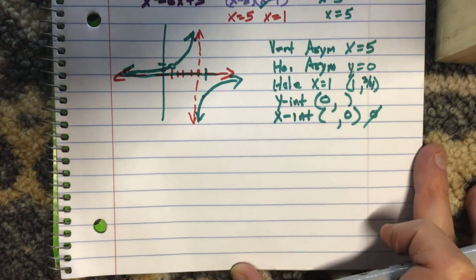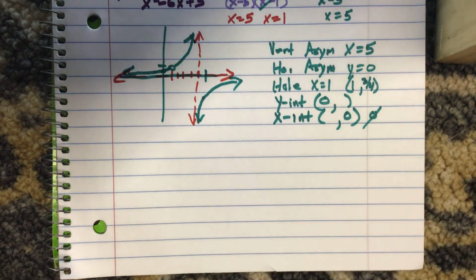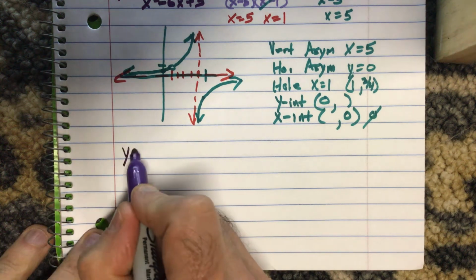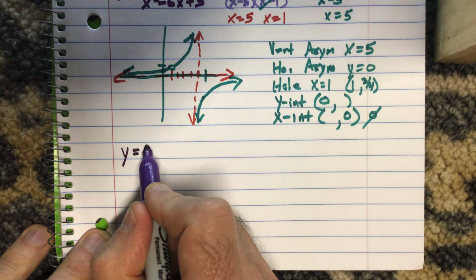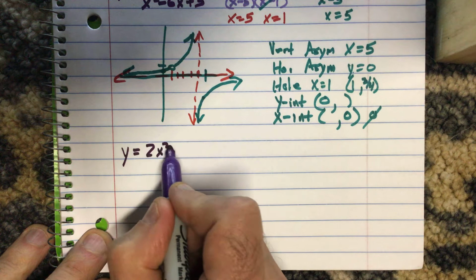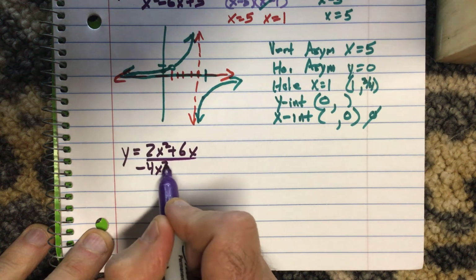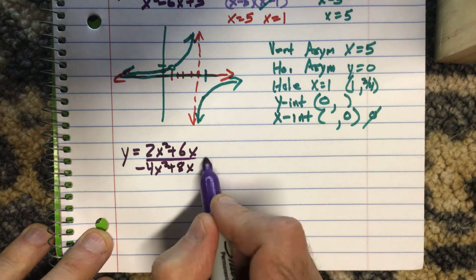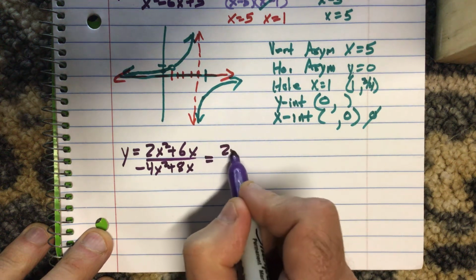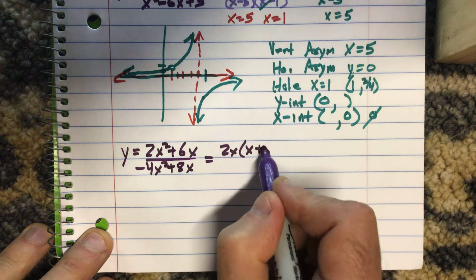One final example. Y equals 2x squared plus 6x over -4x squared plus 8x. You can factor out a 2x in the numerator, which gives you x plus 3.